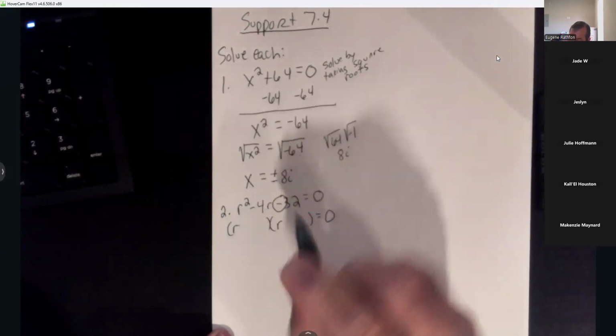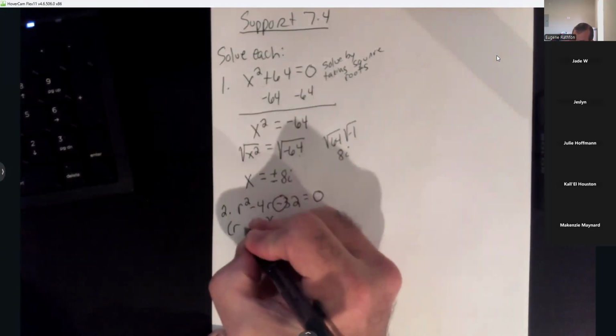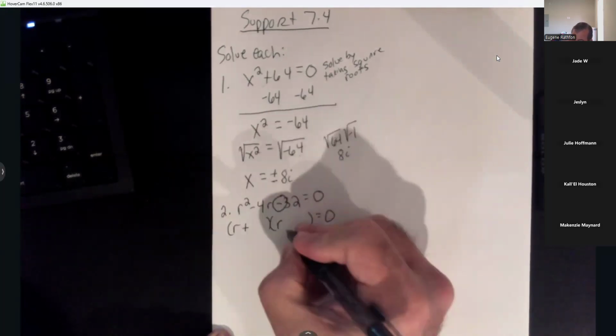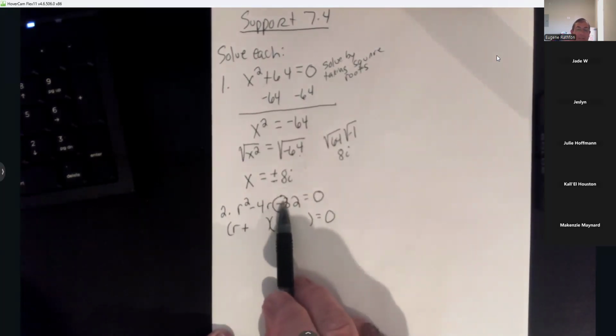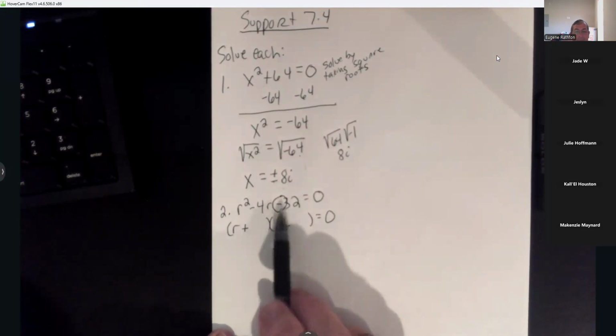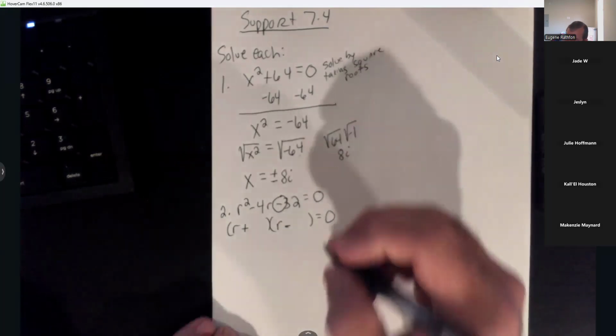That last number is negative. Anytime your last number is negative, you're going to have one positive factor and one negative, because a positive times a negative makes a negative. Since the last number is negative, I would find factors of 32 that subtract to get 4.